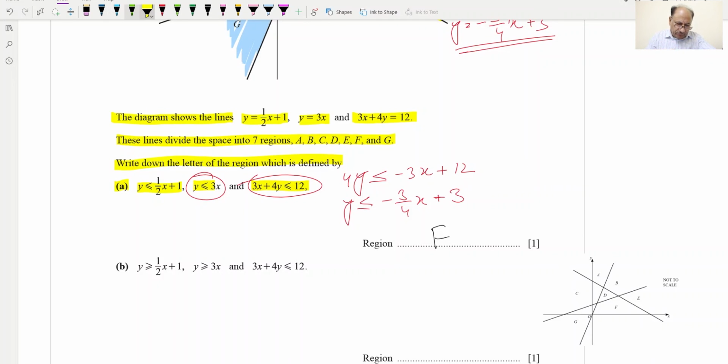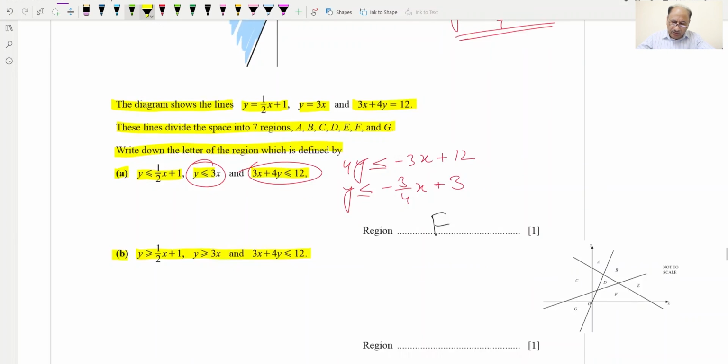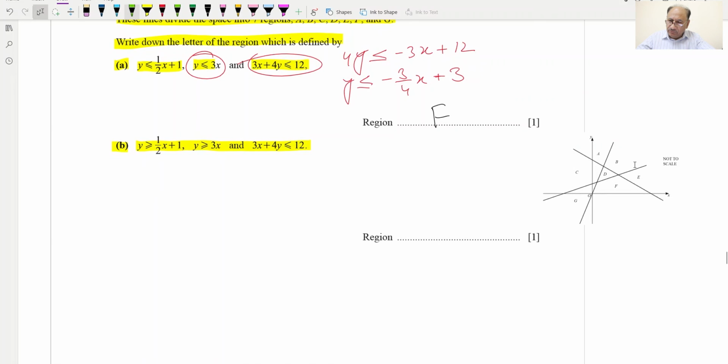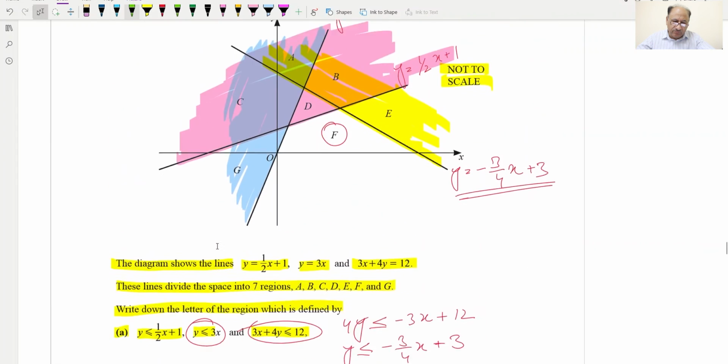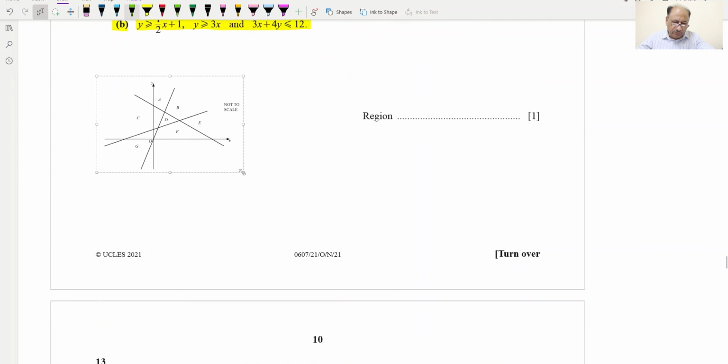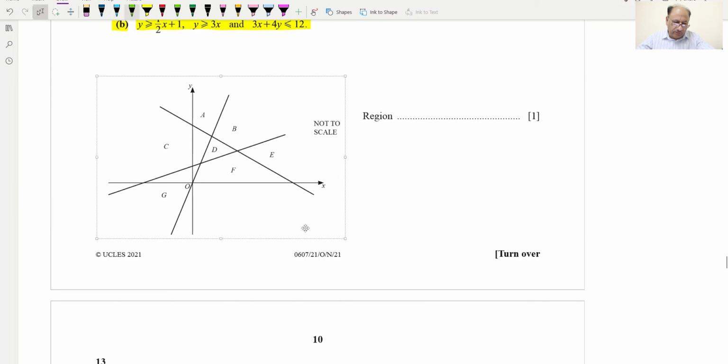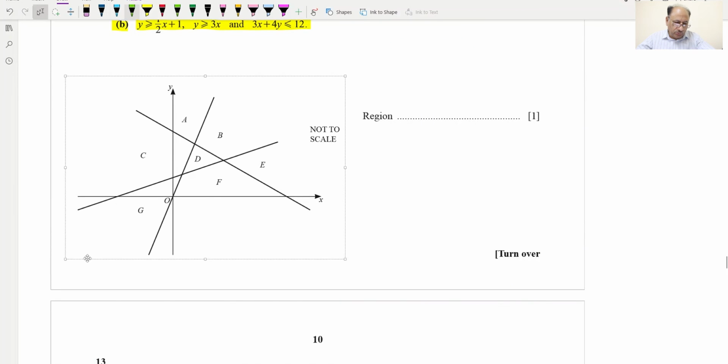Now part b. These are the three equations which they have provided, which we have to identify for the same diagram. The same diagram I have just copied for your understanding. This was not part of the question. We will use this drawing for your understanding, and we can go through this now.